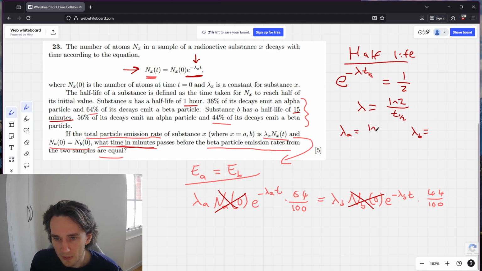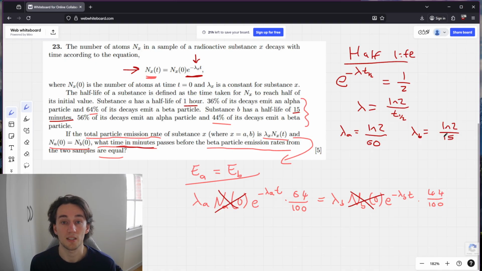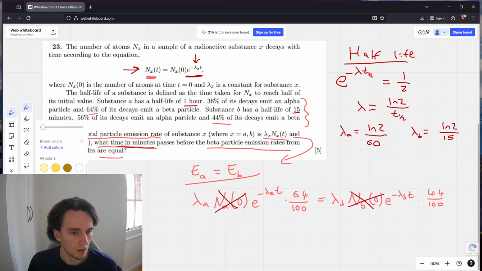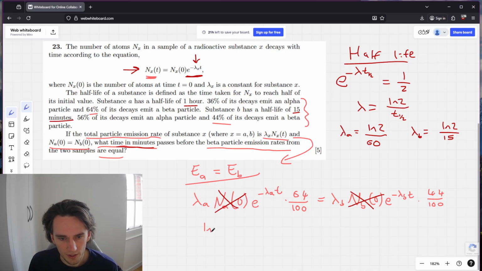So lambda A is going to be ln2 divided by 1 hour, so that's 60 minutes, and lambda B is going to be ln2 divided by 15 minutes. Fantastic. And now it's just a matter of plugging these into the equation and solving it. So let's have a look at what that actually entails.